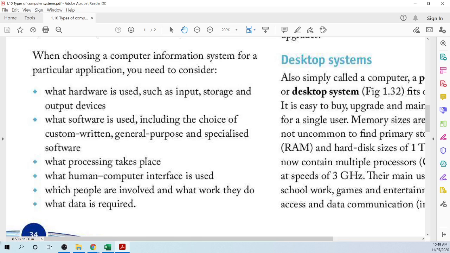When choosing a computer information system for a particular application, you need to consider what hardware is used, such as input, storage, and output devices. What software is used, including product customization, general purpose, and specialized software. What processing takes place, what human computer interface is used, which people are involved and what work they do, and what data is required.